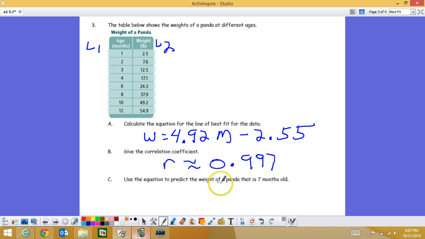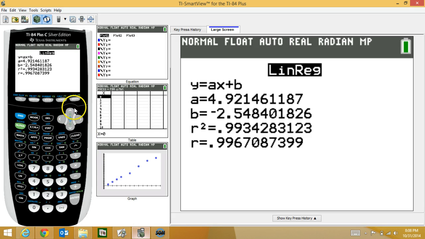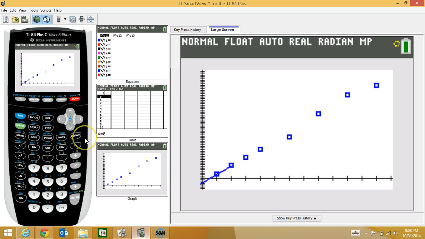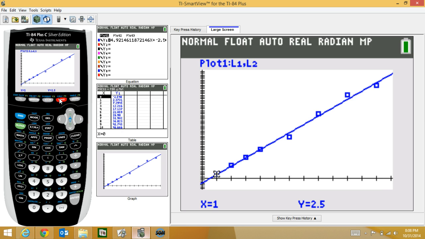So then the next thing we're going to do is predict the weight of the panda that is 7 months old. So we're going to go back to our calculator, and do it graphically first. When we hit Graph, now we have that line drawn down the middle of the data points, and this is where we do Trace. And again, we want to be careful. We want to make sure it says Y1 up here, so we're going to down arrow till it says Y1, and there it is.